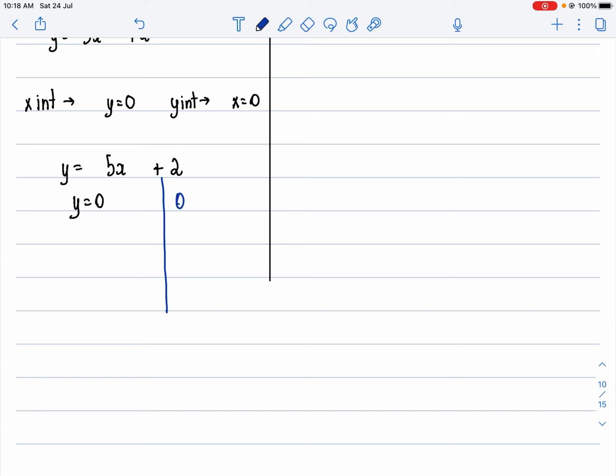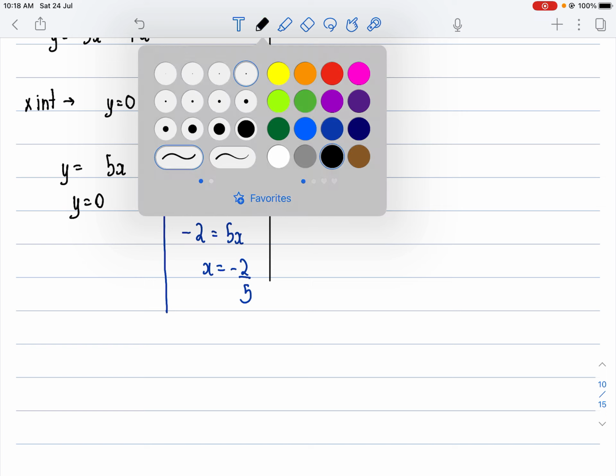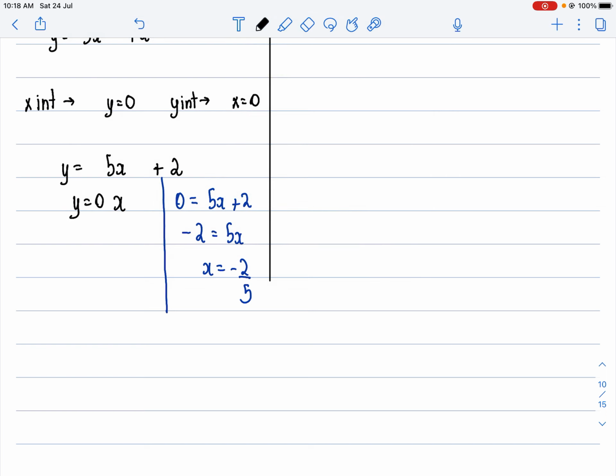So I'll basically get 0 equals 5x plus 2. Then I'll get minus 2 equals 5x, and I'll get x equals minus 2 over 5. This is what I get.